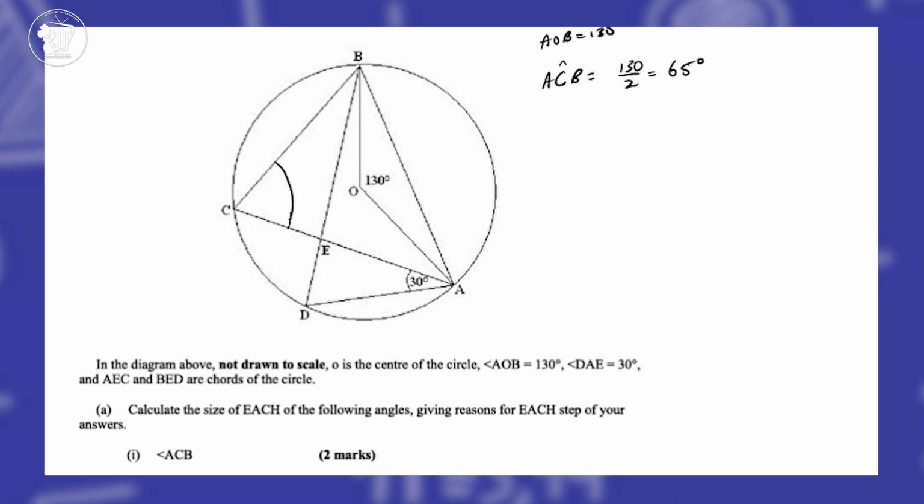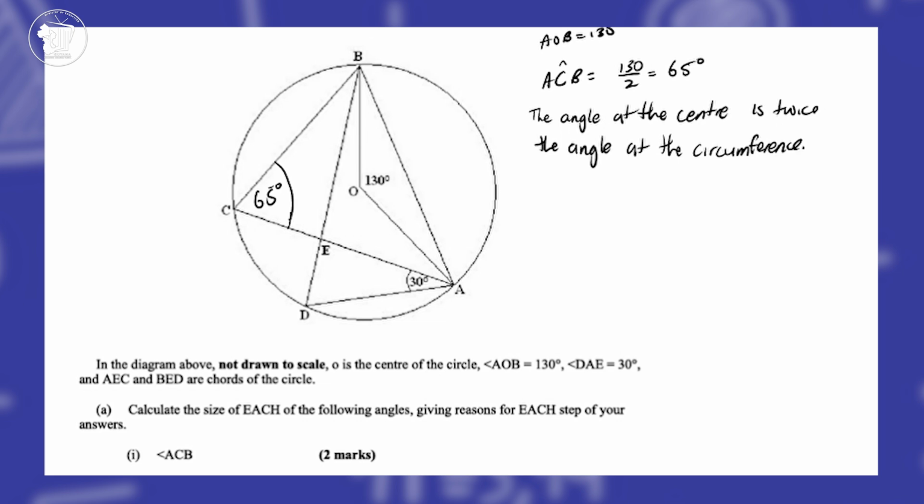So ACB is equal to 65, and the reason would be the angle at the center is twice the angle at the circumference. So here it would be 65 degrees.